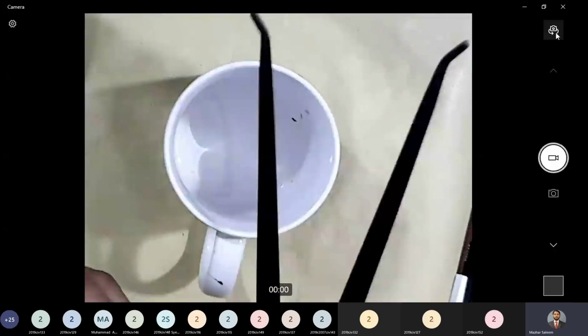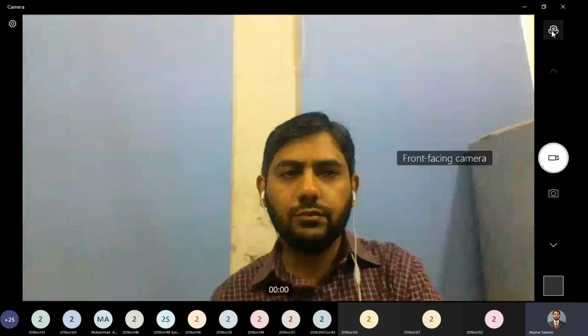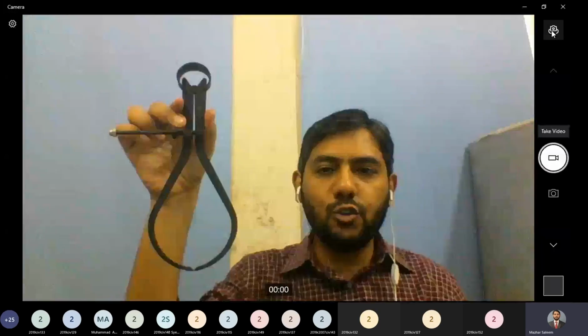So this device is known as inside calipers. After this, we have another device that is known as outside calipers. Let me switch the camera view. All right. So this device is known as outside calipers.